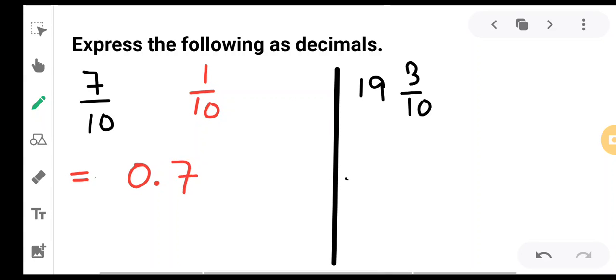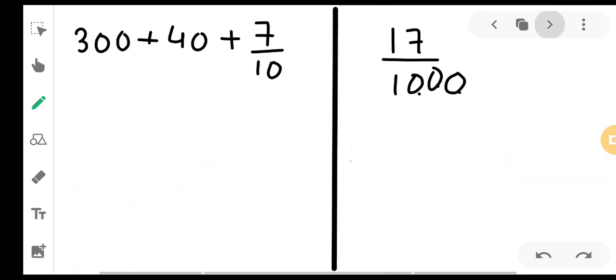Now what about 19 and 3 upon 10? 19 is a whole number, but there is nothing else, so we are going to give a decimal point, and 3/10 is 3. Now next, 300 plus 40 plus 7 upon 10th. So 300 plus 40 is 340.